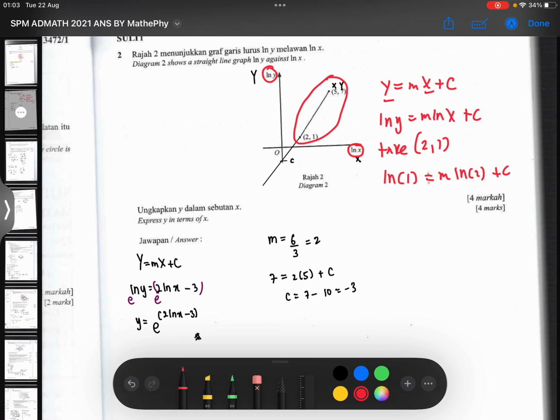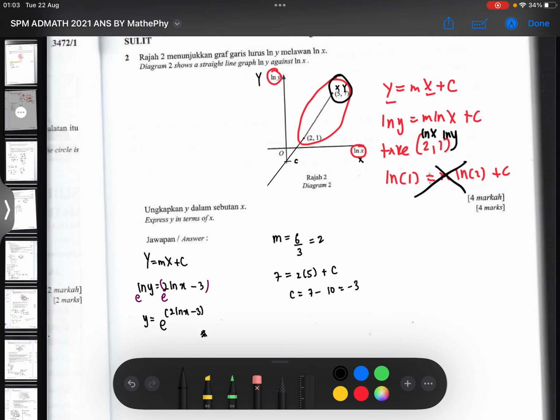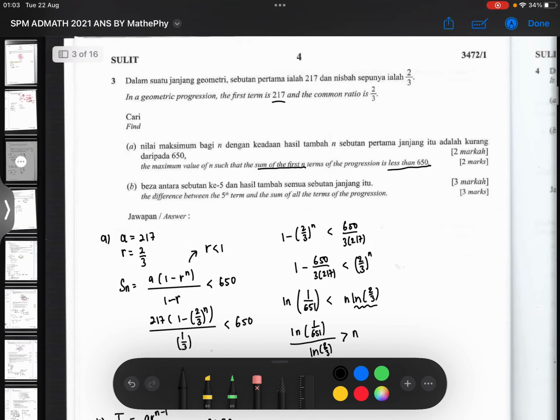This is actually wrong. Why? Because the coordinate here is not actually an xy coordinate. We already changed the coordinate into ln y against ln x. So you need to remember that. This corresponds to ln x and this is ln y, which means you need to substitute ln x is 2 and ln y is 1, like that.